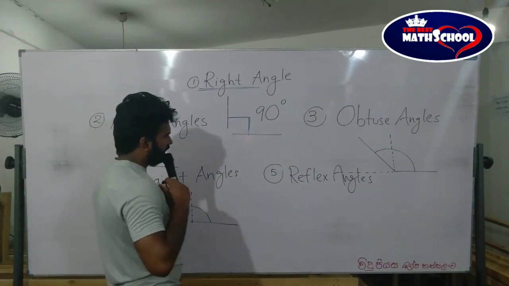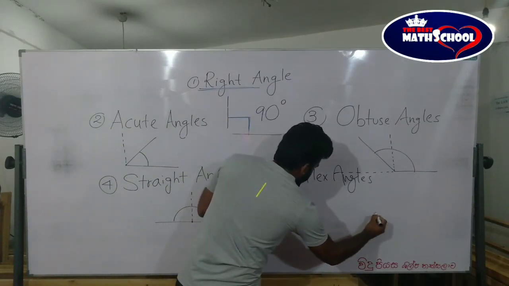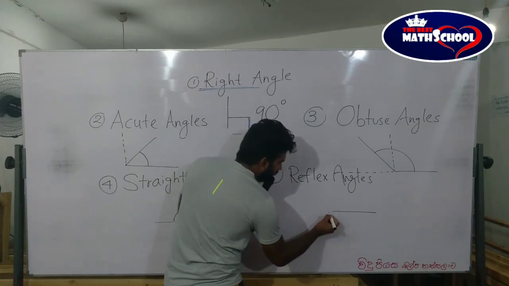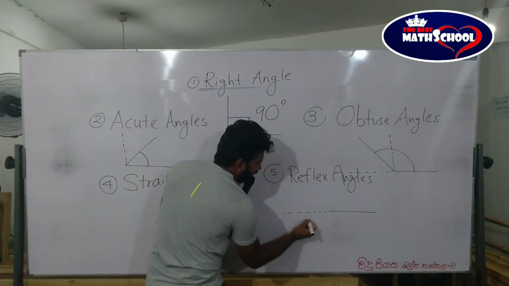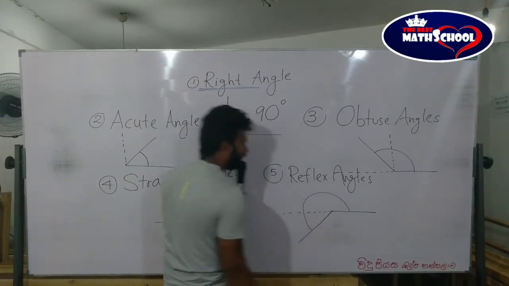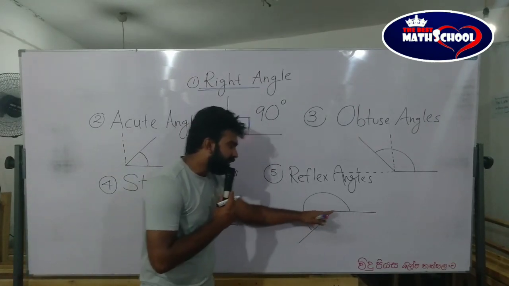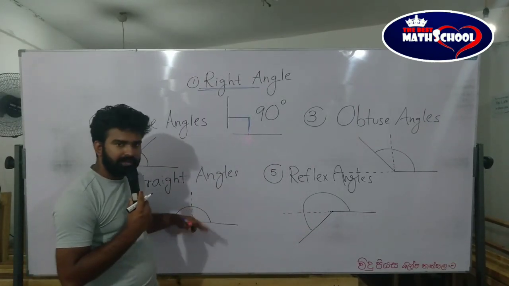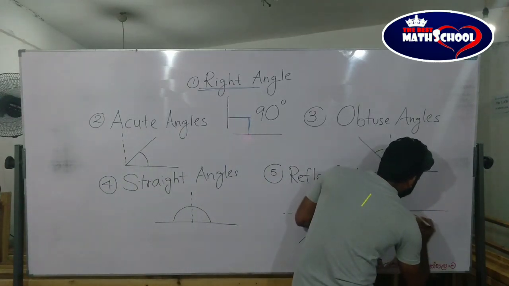We are exceeding the level of the straight line, so the angle will be created like this. That means this should be larger than a straight angle. Another one we can take like this also.